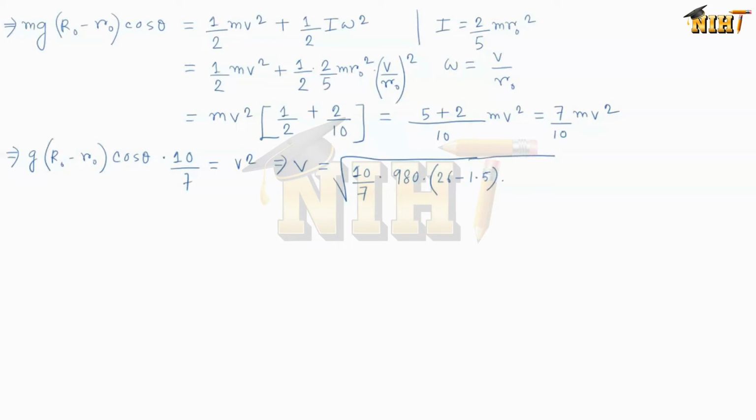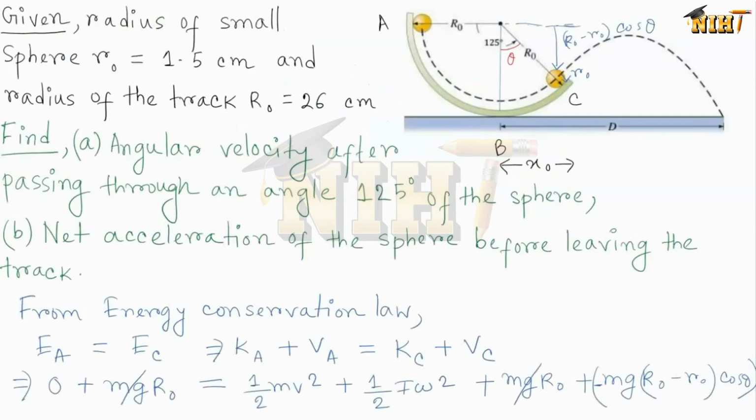From here the value of theta we can write as the whole angle is 125 degree and this is perpendicular line, so the value of theta will be 35 degree.